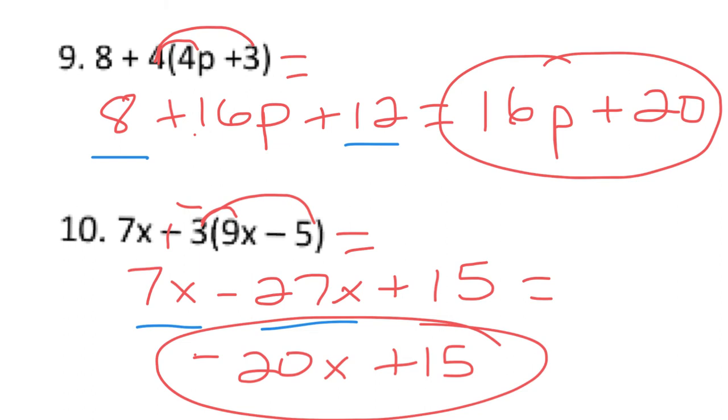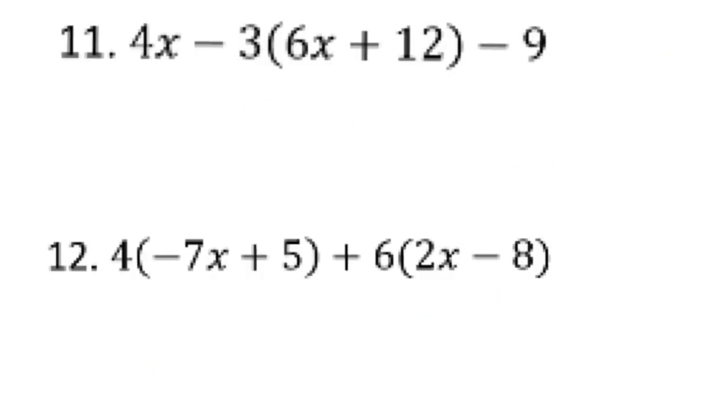Okay, last slide. So this one, again, we've got a multiplication that comes first here, and it's in the middle. So we're going to multiply that out. We're going to distribute the -3 to both of those terms there.